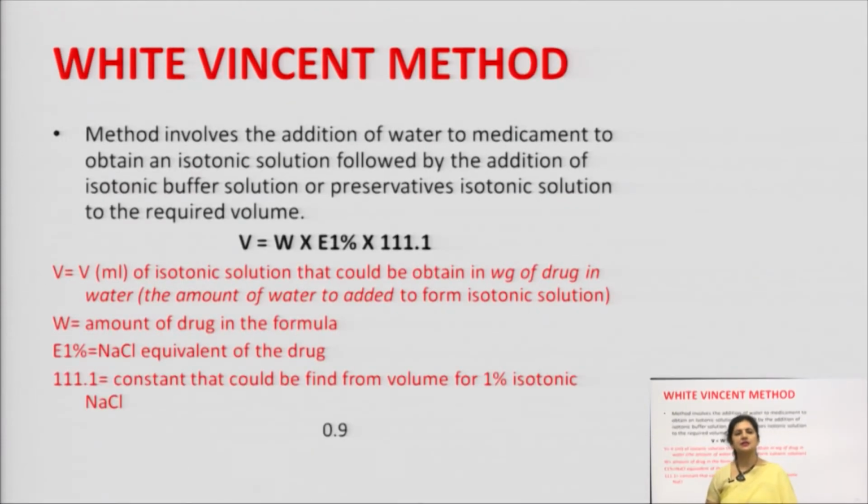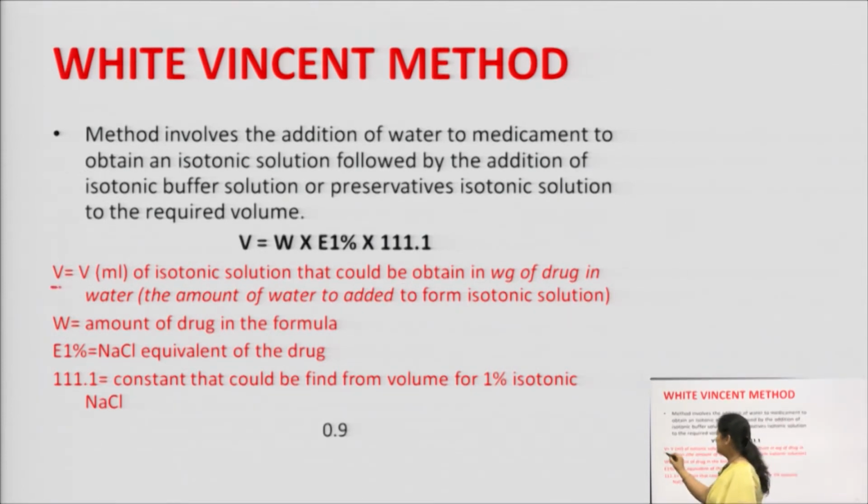Another method is White-Vincent method. This method involves the addition of water to medicament to obtain an isotonic solution, followed by the addition of isotonic buffer solution or preservatives isotonic solution to the required volume. It is calculated by the given formula, where V is equal to W into E 1% into 111.1, which is a constant here.